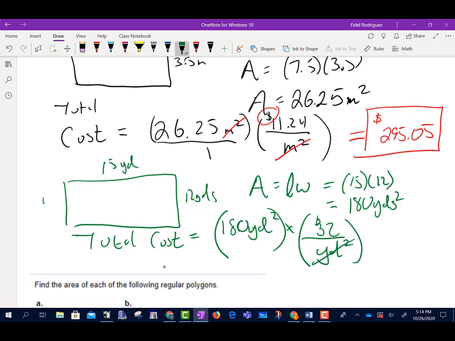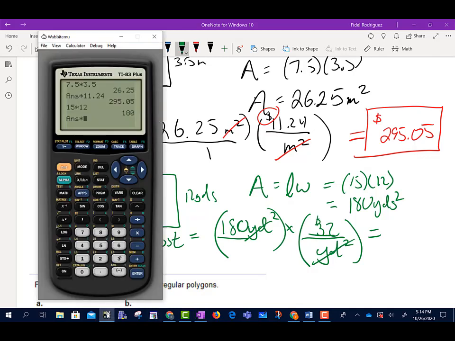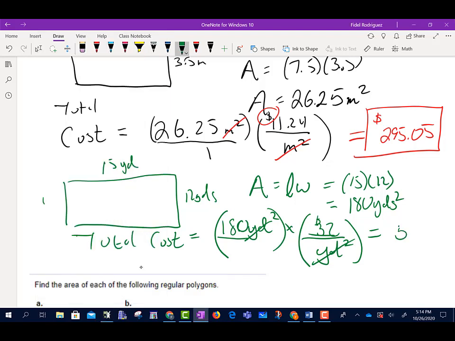So these square yards are going to cancel, and we're just going to multiply 180 times 32. So multiply it by 32, and we are coming up with $5,760. And there's our cost. Okay.